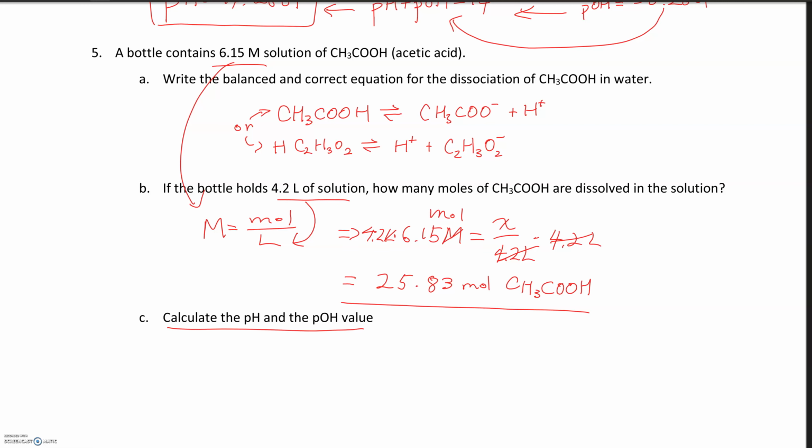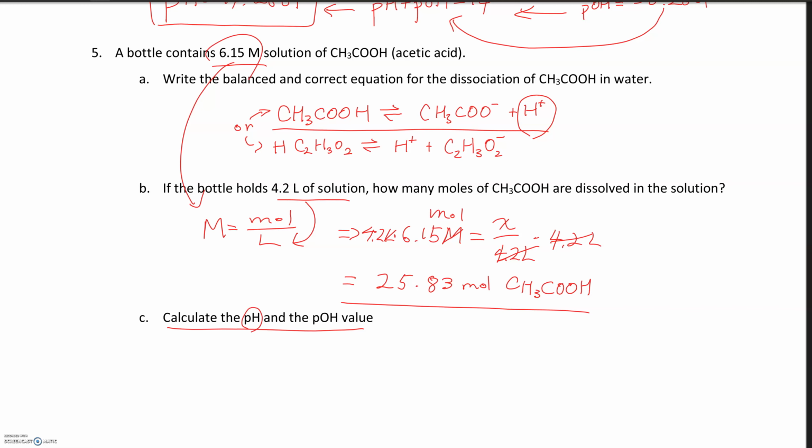Calculate the pH and pOH. Now, looking at this dissociation reaction, what do you think we can calculate first? Yes, the hydrogen ion indicates that we can calculate our pH first.